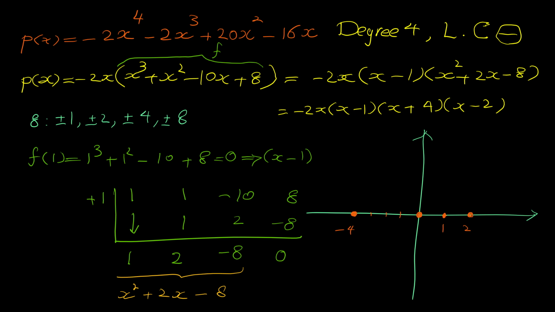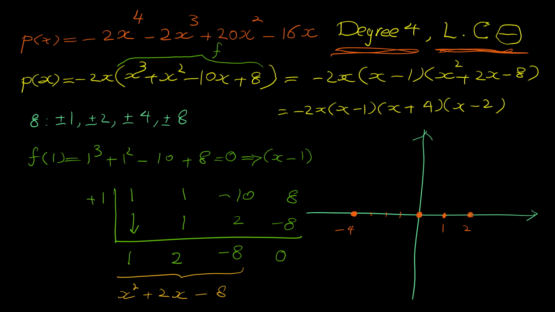And please pay attention. All of these roots, all of these solutions are of degree 1. All the brackets are power 1. So we have nothing with multiplicity 2 or 3. So these are all simple roots. And because the degree is even, the leading coefficient is negative. When we have even degree, the two-end behavior of the polynomial is this. The two ends are going in the same direction.